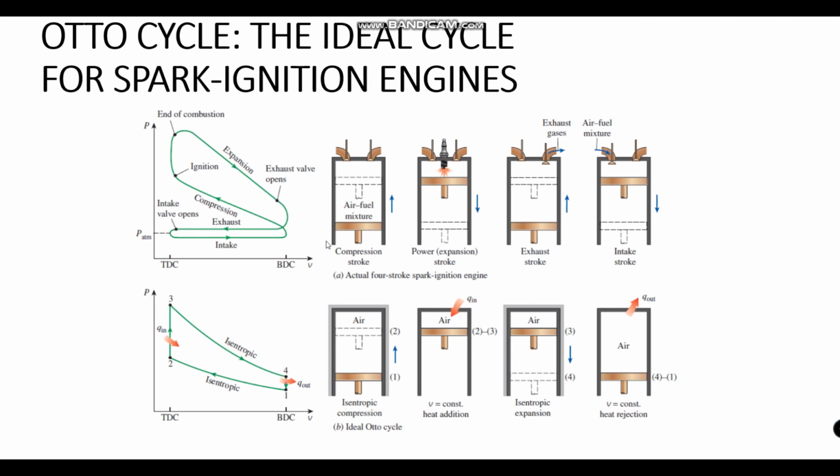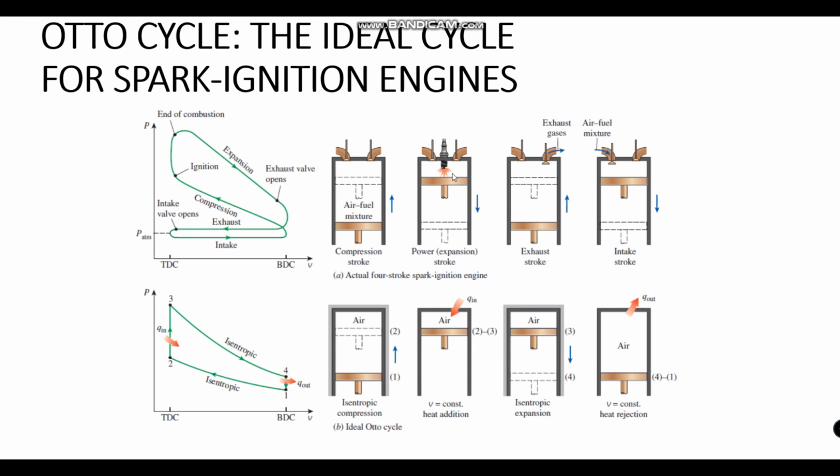Here we have the PV diagram of the Otto cycle. Here we have the intake, right? So we intake the air-fuel mixture. Then we compress it. This is the first track. Then the second one is the compression cycle. Then in some part of it we get the ignition, which increases the pressure, right?